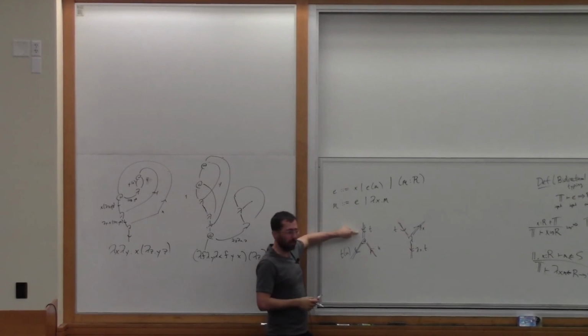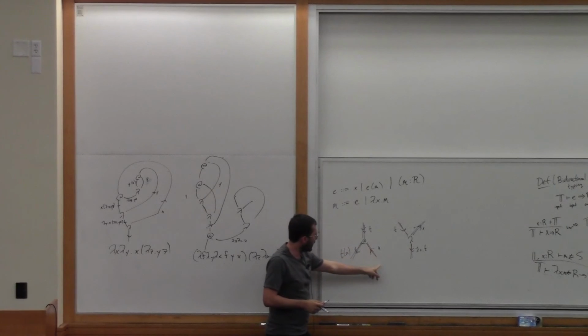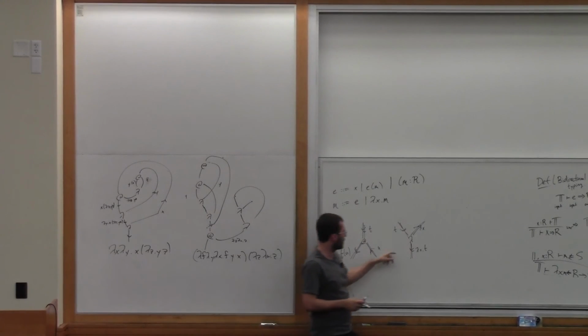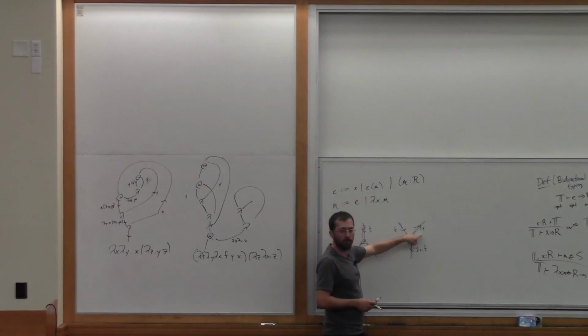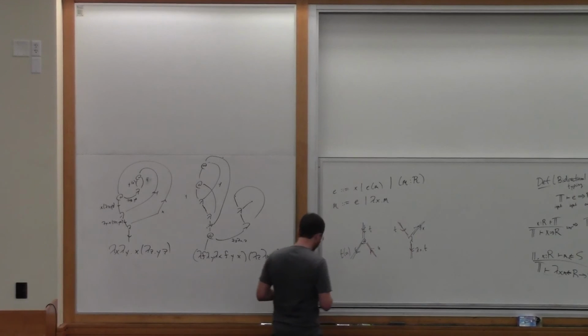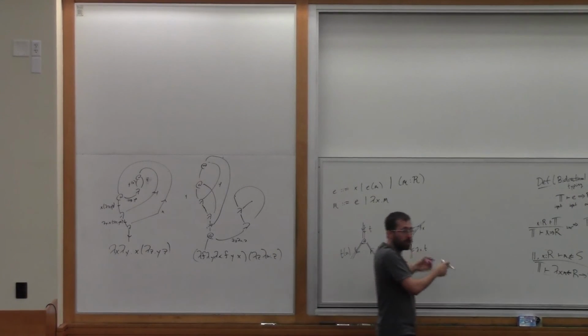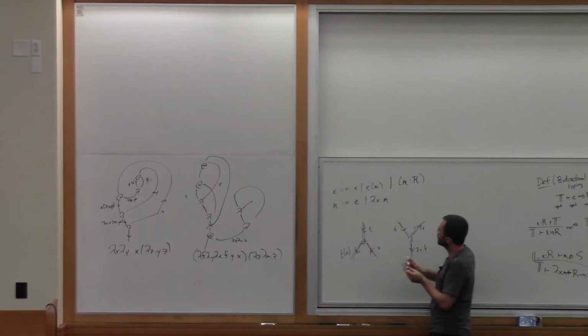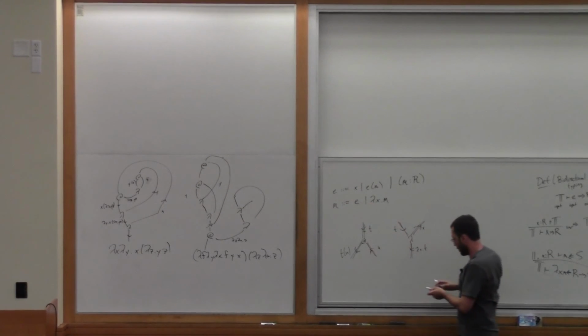Application takes a neutral, applies it to a normal and returns a neutral. Lambdas spit out a variable which is neutral, they take a body which is normal and they return a normal. Now, in order to build terms, we need the coercion from neutral to normal.